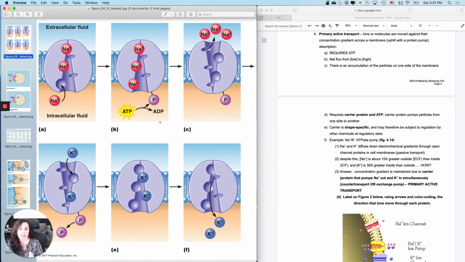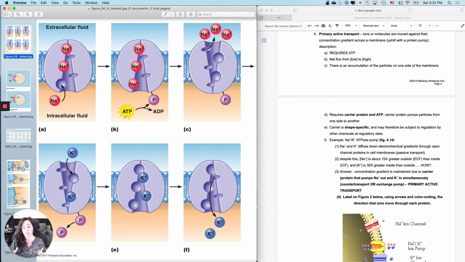So I'm moving it from low concentration to high concentration, kind of moving it uphill in the concentration gradient. And in order to get something to move against its concentration gradient, you're going to need an energy source. What we are going to use as an energy source is this classical energy source called ATP. It's not the only way that you can do it, but this is the one that we're going to learn.